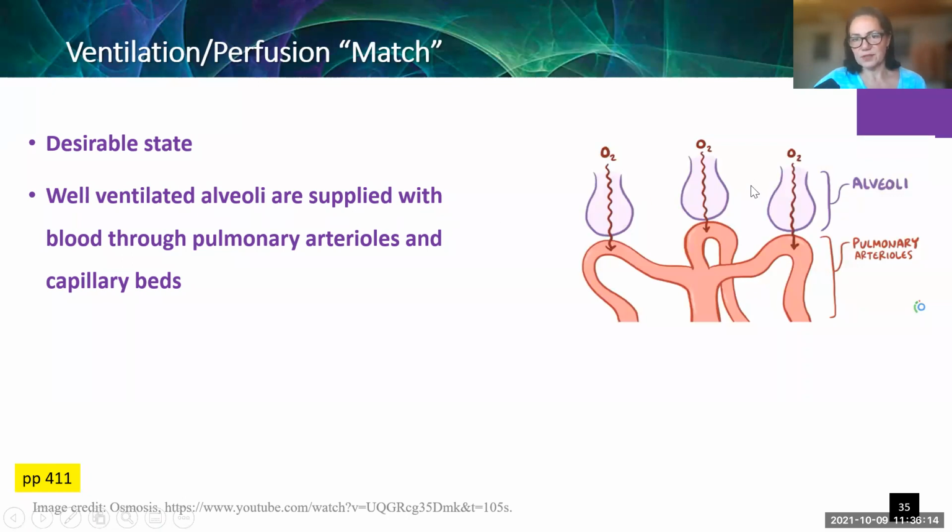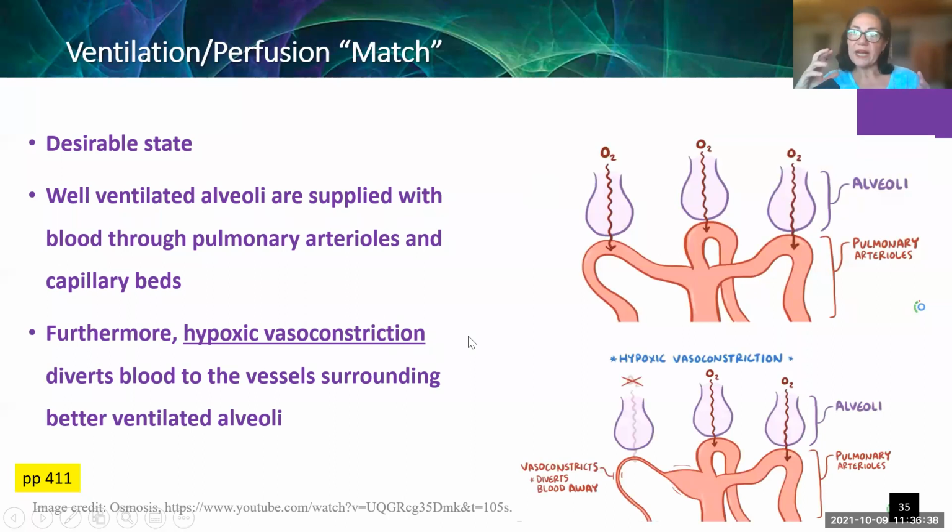So here are some alveoli and pulmonary arterioles. This image, I ripped it off from a video that's in the additional resources. It's the osmosis one. It's on Cor Pulmonale. Highly recommend. All right, so here we have 3 alveoli, all of them well oxygenated, all of them have a blood supply.